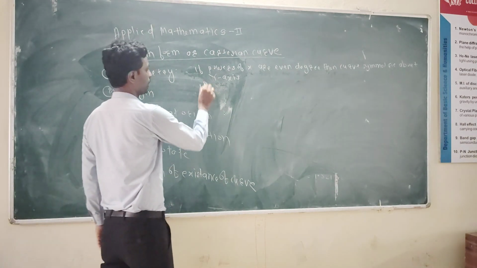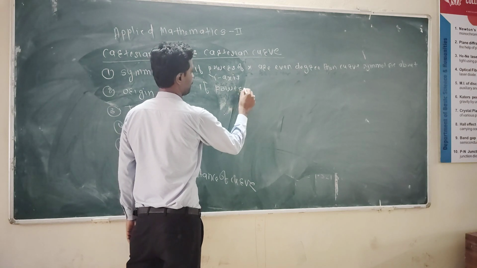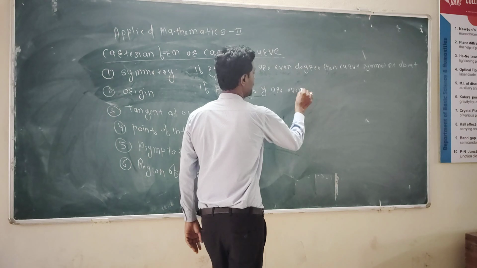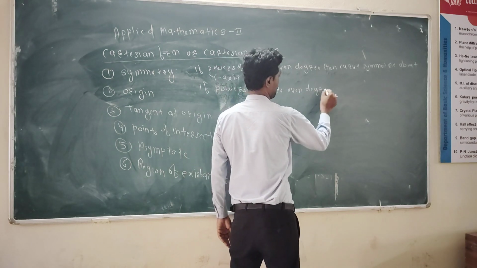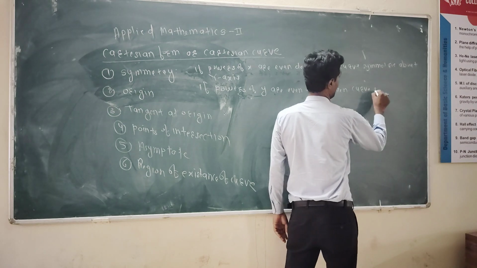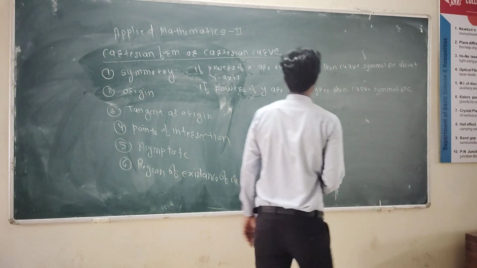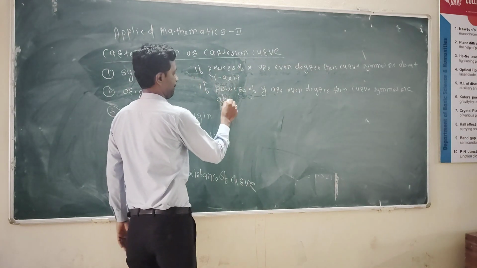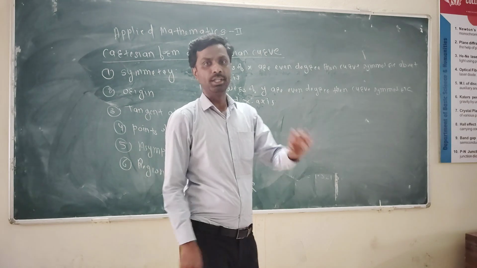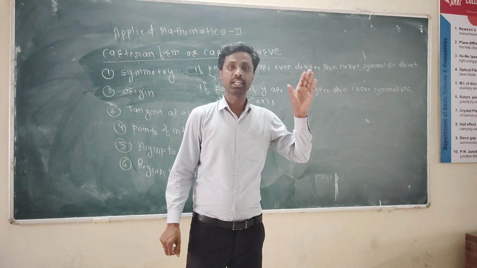That is, if all powers of y are even degree, then the curve is symmetric about the x-axis. See here, in the equation, whenever there is x, check its power.